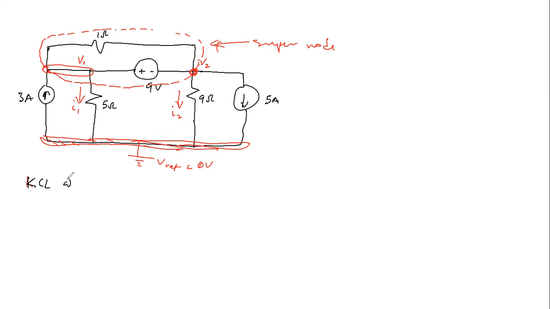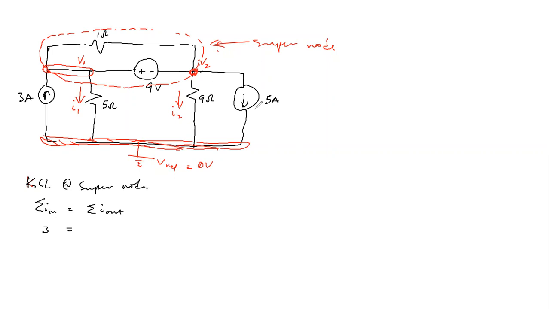So write KCL at the super node, now that we have identified that it is a super node, since the independent node voltages are connected by a voltage source. So the sum of currents into the node is the same as the sum of currents out of that node. We have 3 ampere flowing in, and all other currents are flowing out.